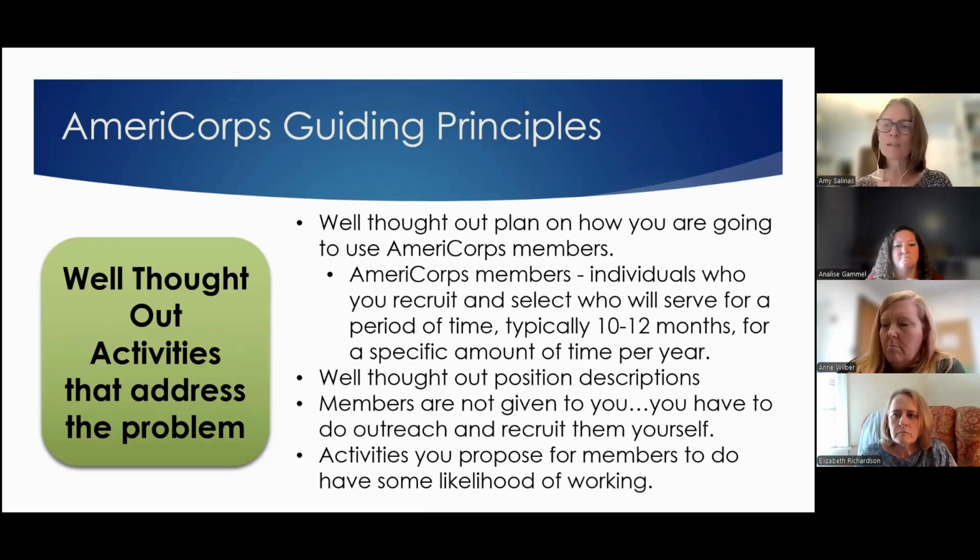And some programs have more diverse activities or have a bucket of members do this and a bucket of members do that. There's all kinds of ways you can craft your AmeriCorps program. However, the more diverse your activities, the more challenging it can be to operate. So you just have to know the more complicated your model is, the more things you're going to have to think about in the planning time to get ready for managing that type of complexity.